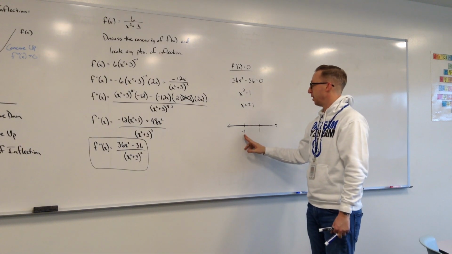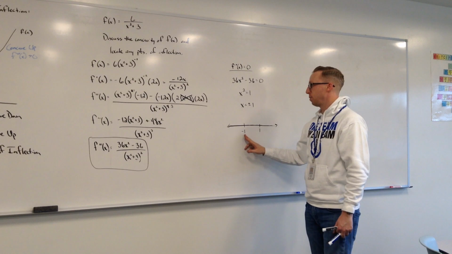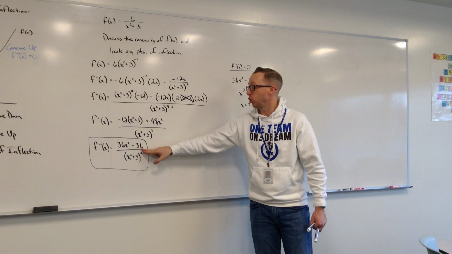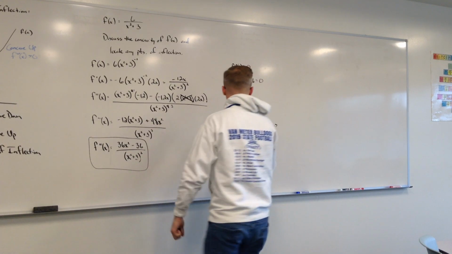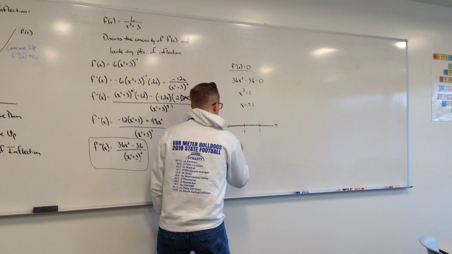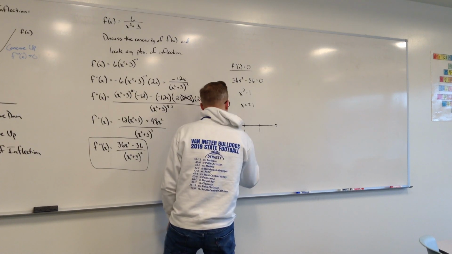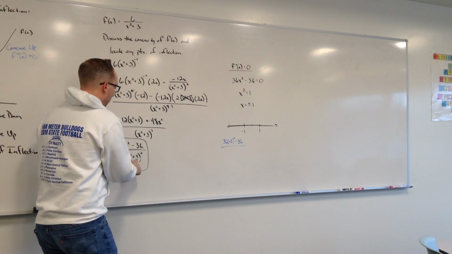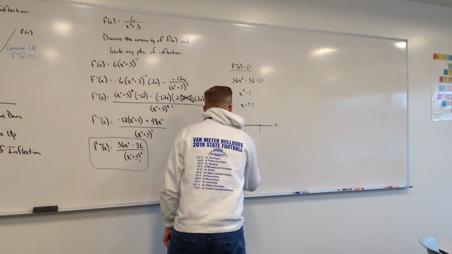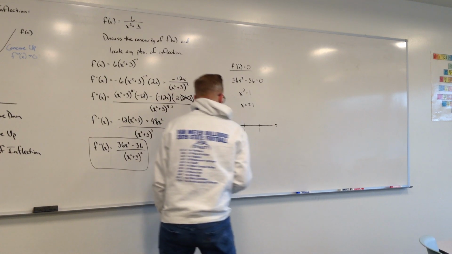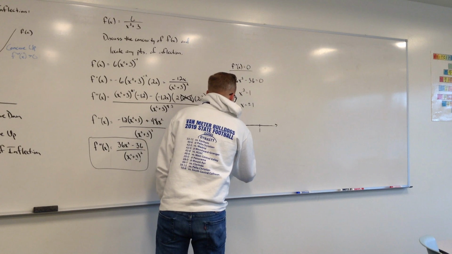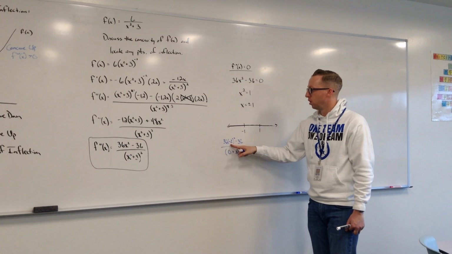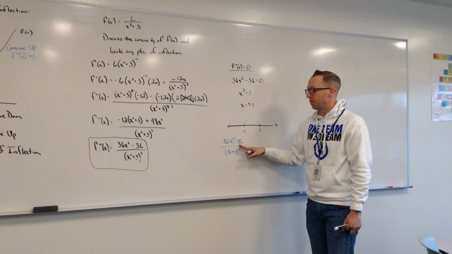So think of a number that would be less than negative 1. Let's plug that into the second derivative. So how about we do a negative 2. 36 times negative 2 squared minus 36 divided by negative 2 squared plus 3, cubed. 36 times 4 minus 36 should be positive.